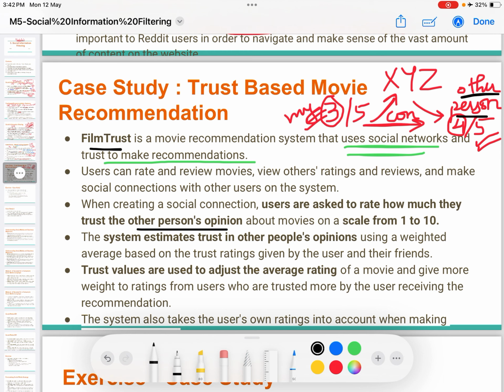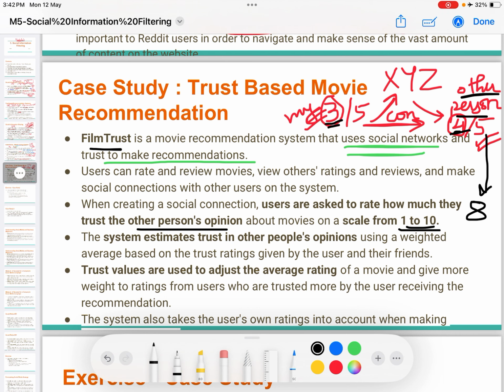Now because I have given 3, and the other person has given 4, we are close by, so I can rate this person 8 out of 10, so that Film Trust understands how much trust I am building in the person.